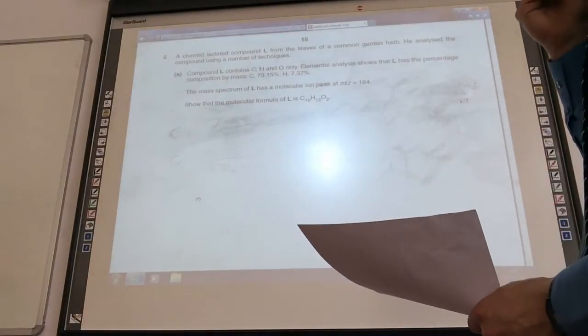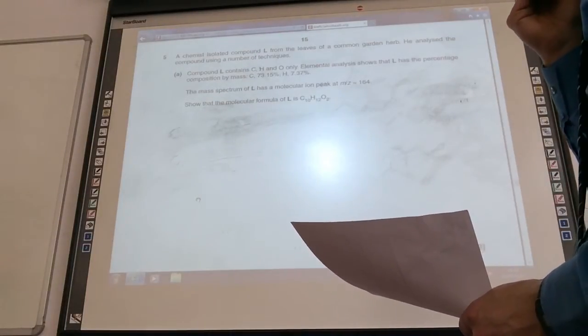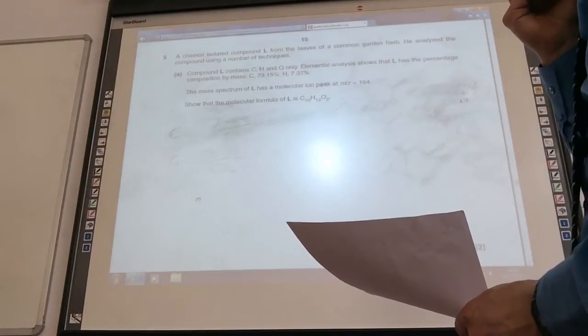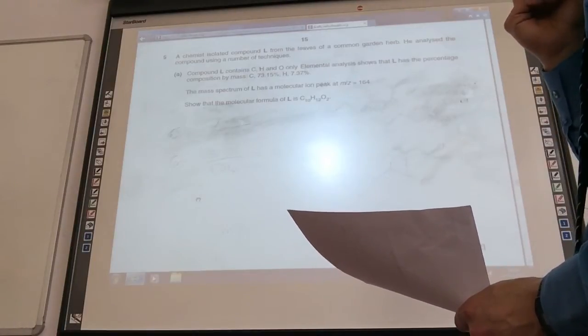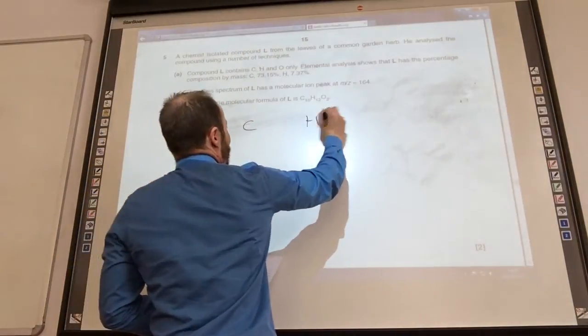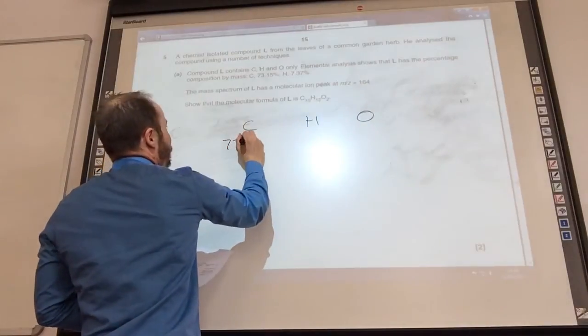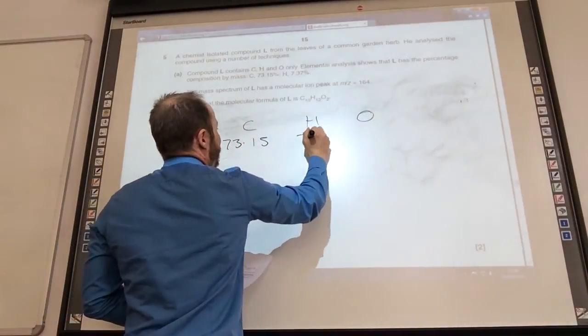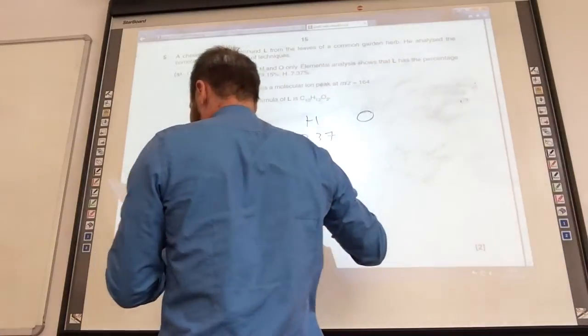It gives me the carbon and hydrogen elemental analysis, and it wants me to show that that's a molecular formula. So you just do it the normal way. Carbon 73.15, hydrogen 7.37.